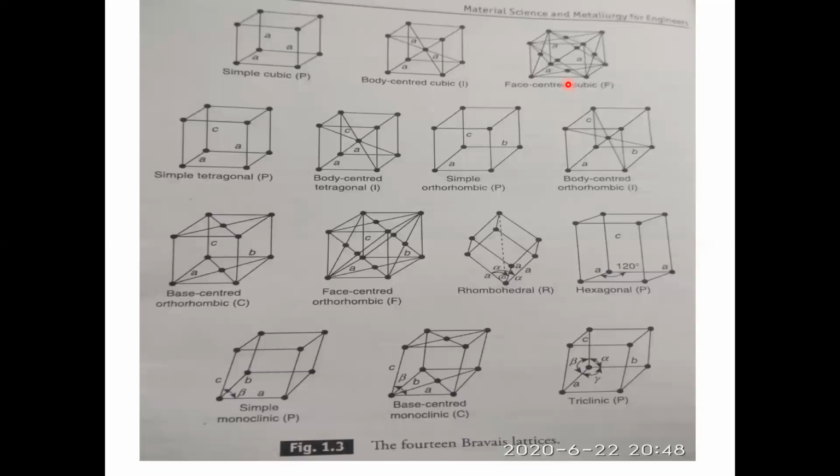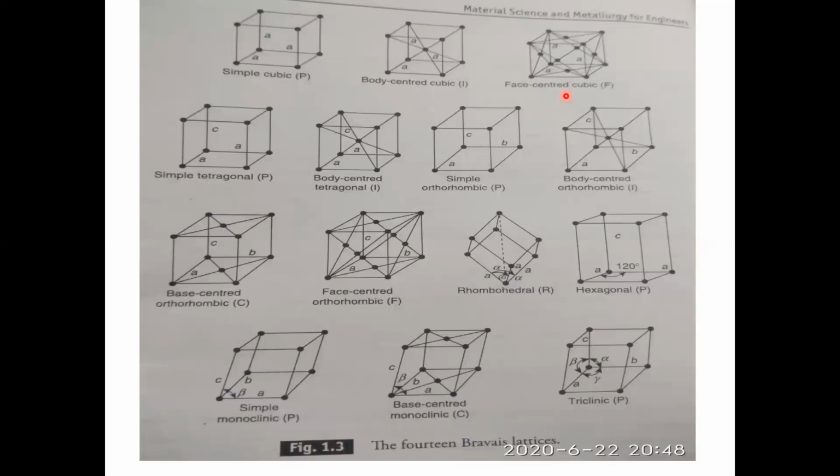So how many total faces are there for this cube? 6 faces. 4 side faces, 1, 2, 3, 4, and the fifth one is the top face, and the bottom one is the sixth face. In a face centered cubic structure, each face has its own center atom.